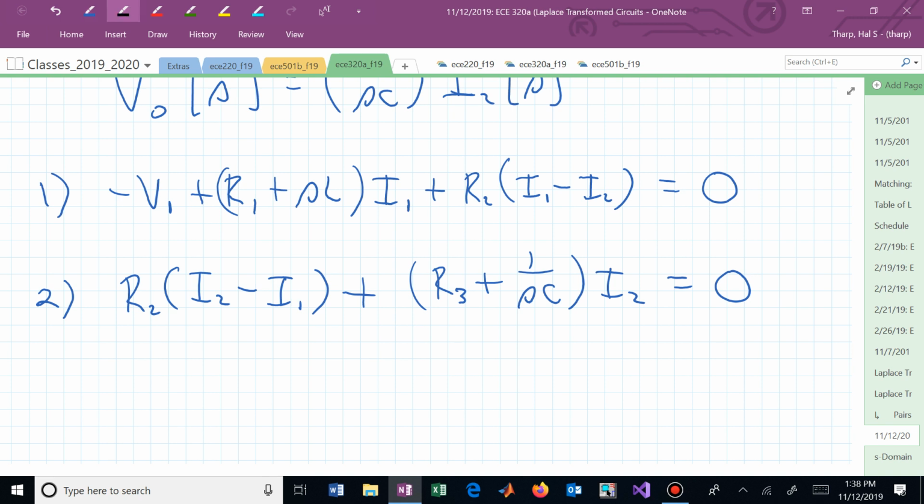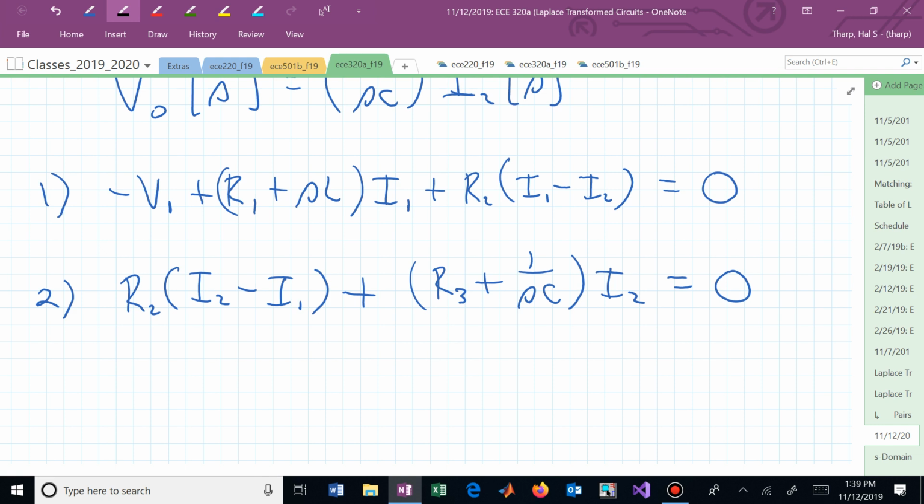And now we simply need to do two equations in two unknowns. You could plug this into a calculator, especially if it has symbolic algebra allowed, and you could invert a symbolic 2 by 2 matrix and find I1 and I2.